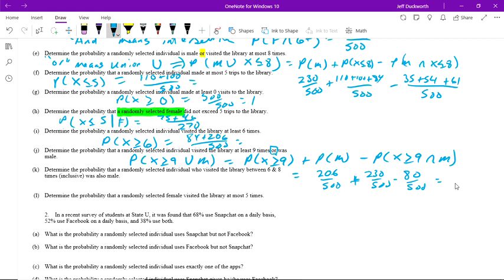All right, then we have K, determine the probability a randomly selected individual who visited the library between 6 and 8 times was also male. So we have another known. We know this person visited between 6 and 8 times, inclusive, again, we've seen this definition. So we're only going to look at the 6 to 8.